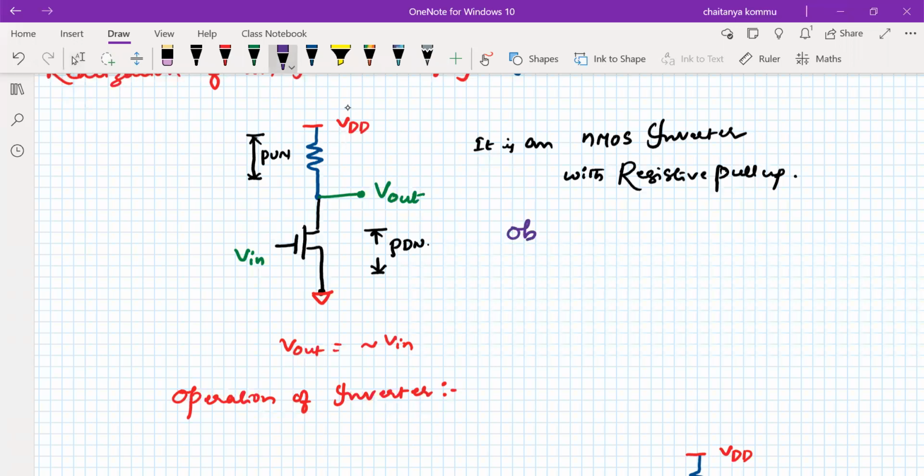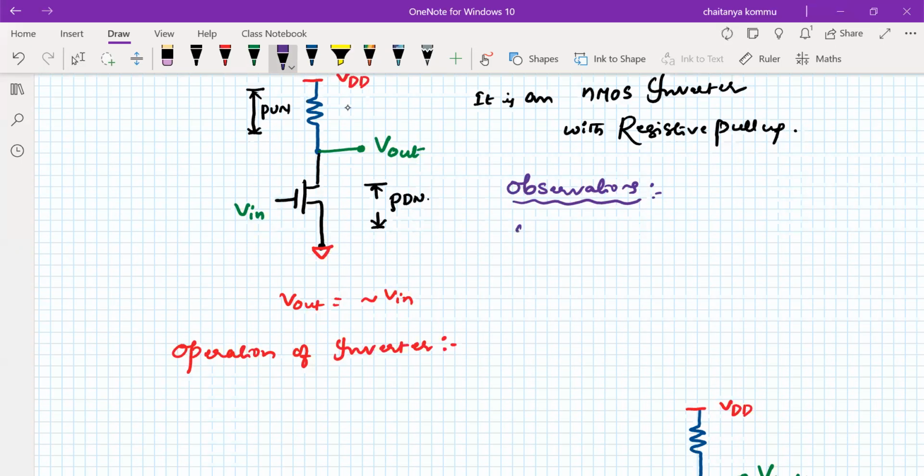Observations. Let us write some observations. Number one: we are going to construct a digital circuit, which means we are going to apply either binary bit 0 or binary bit 1. These are binary values.